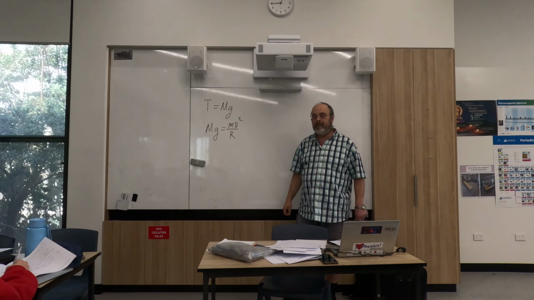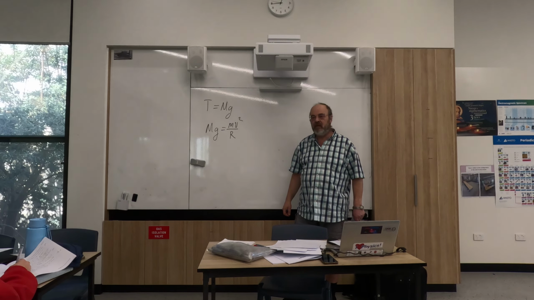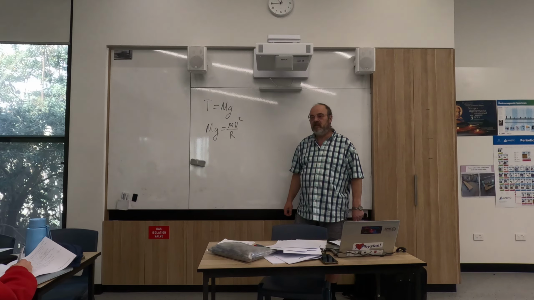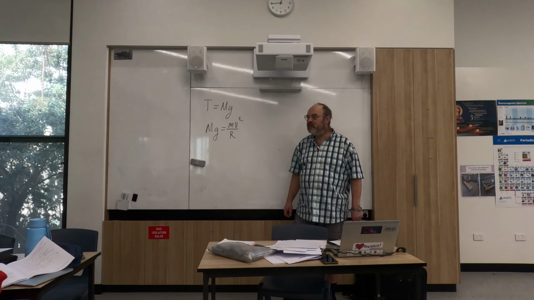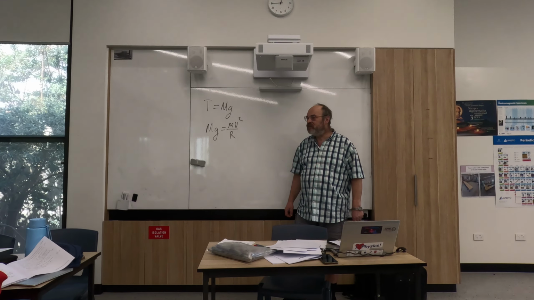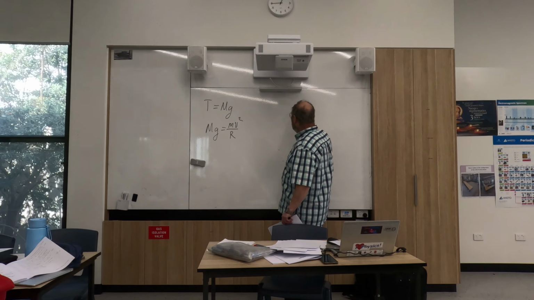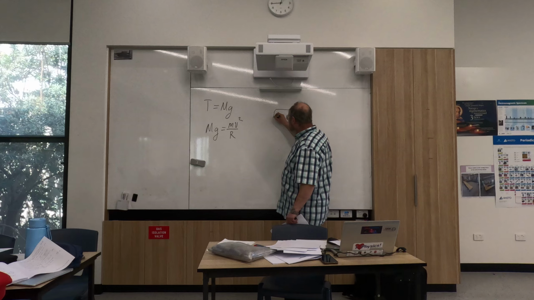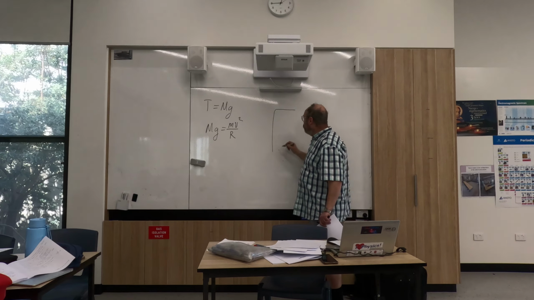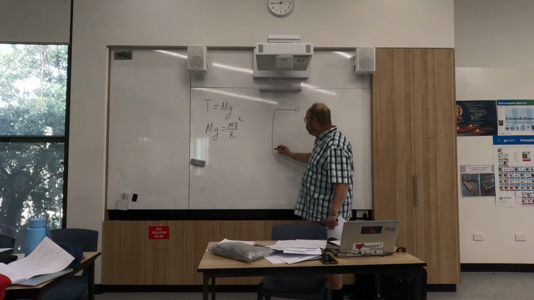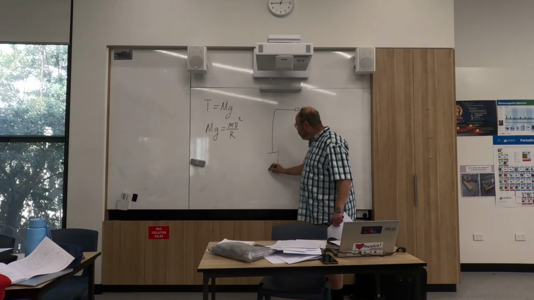Why does tension equal Mg? Because what creates the tension? But isn't it at an angle? How can a force going this way have anything to do with the force going this way? No, but we have the string going like this. We have the stopper here, and we have washers here.